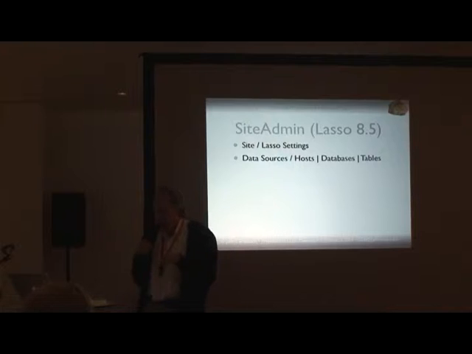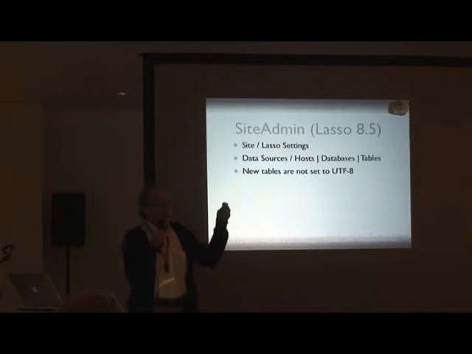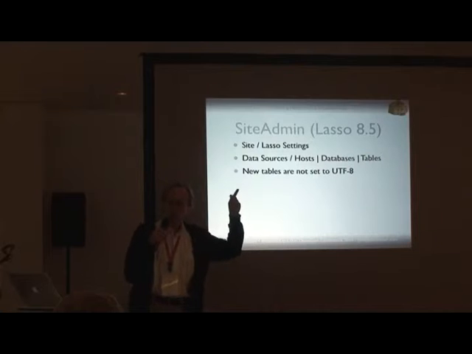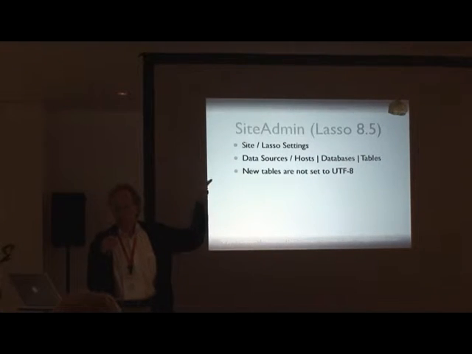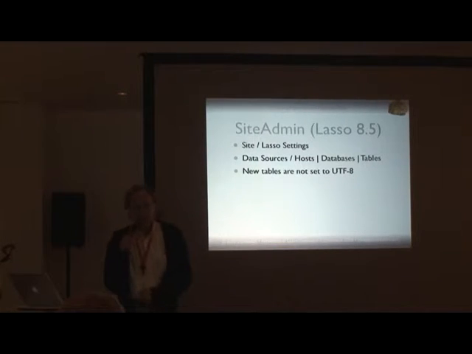And if you create a new table, whether you do it in the database browser interface or by sending create statements directly to MySQL, they are not considered to be UTF-8 by default in Lasso. They are set to Latin 1 or ISO 8859-1. So whenever you've done a change in your database, in your table, you have to make sure to go back here and check the settings.